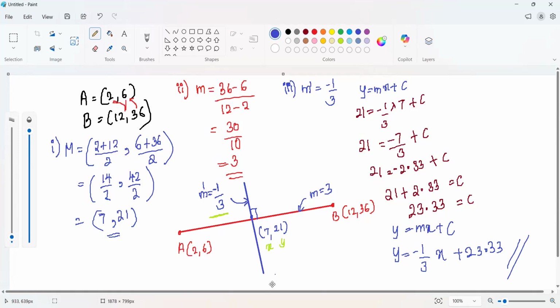First find the midpoint and the gradient of the line, then the perpendicular line's gradient. This line goes through the midpoint, so you can substitute the x and y values, find the c value, and write the equation. These are the steps you have to follow. Can you write? After you write, please tell me. Okay, write it down now.